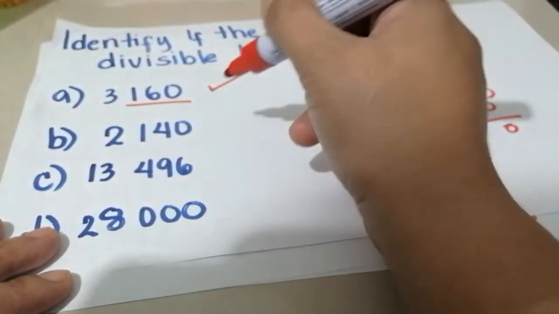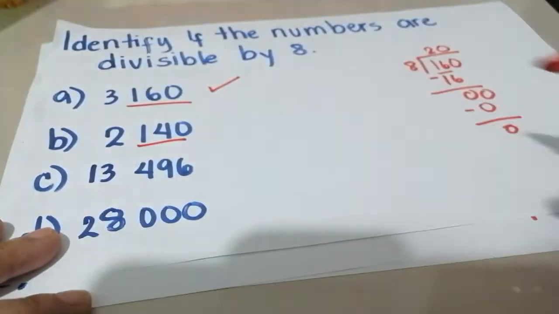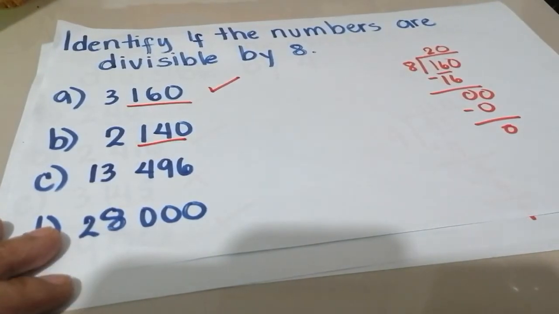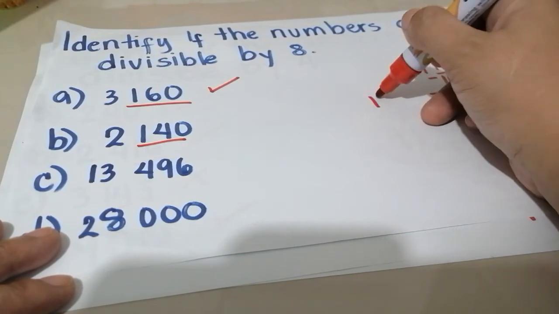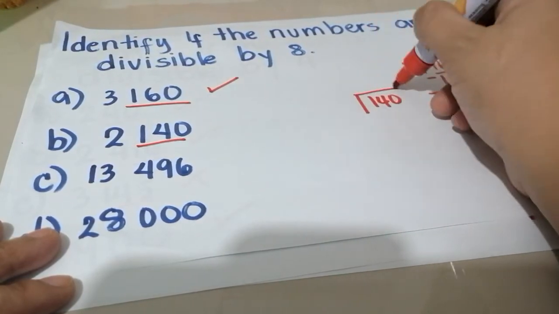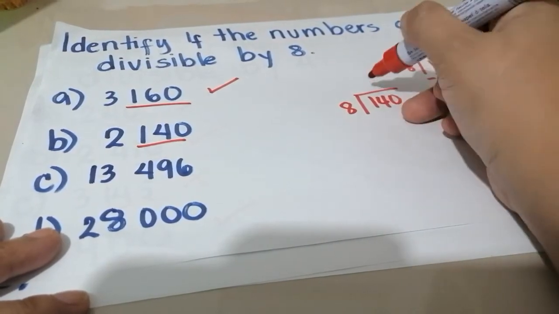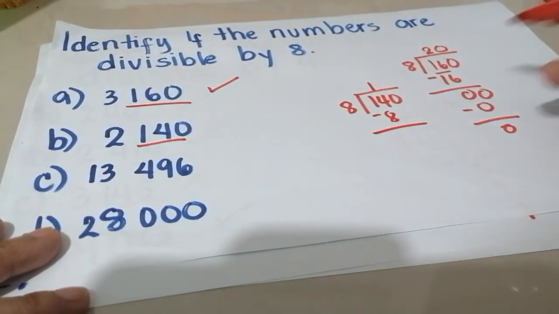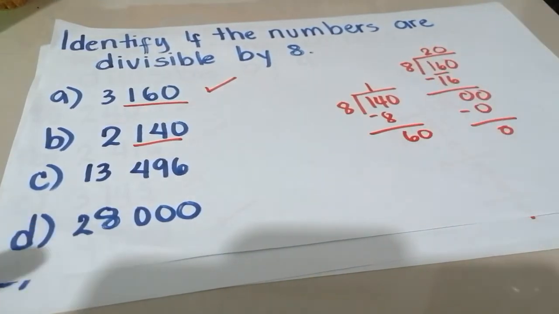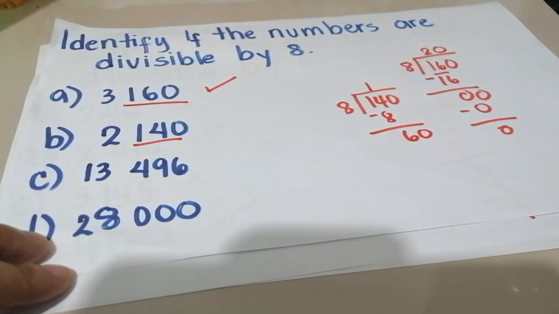Next is the 2,140. So the last 3 digits here is 140. So is 140 divisible by 8? Let us check. So 8 here, 14, there's only one 8 that can fit to 14. So 14 minus 8 is 6. And 60, how many 8 can fit to 60?